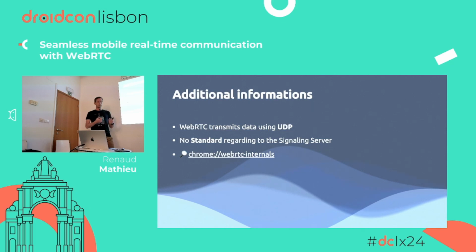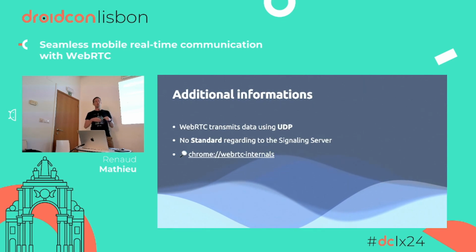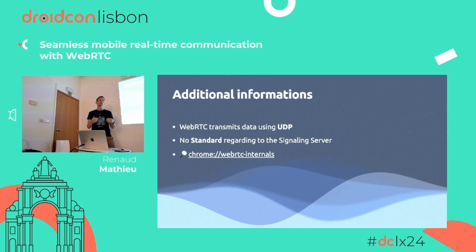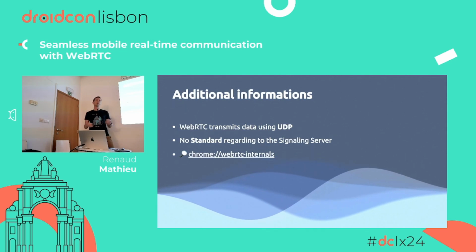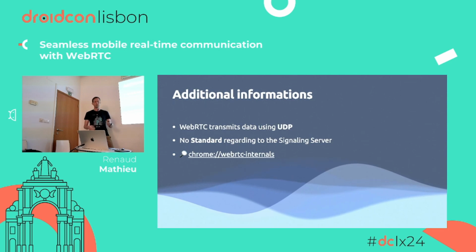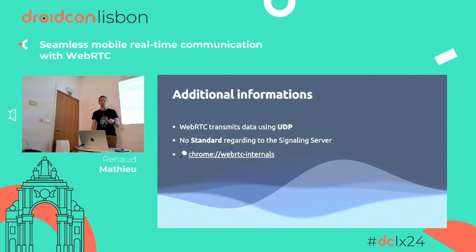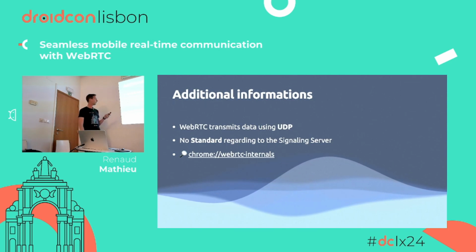UDP is connectionless. That means there is no formal connection between data transmissions, the packets are independent and can be sent by any route, and we don't have acknowledgement. So we can sometimes lose some packets using UDP. But that's important to share when using WebRTC.